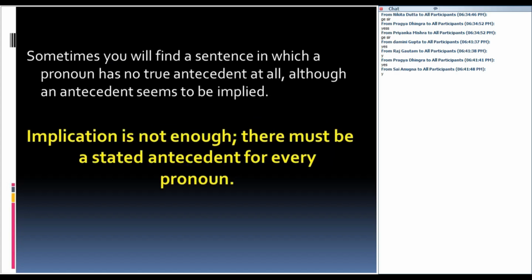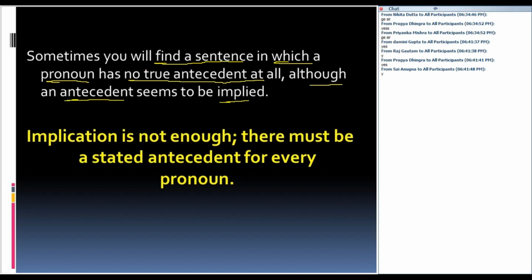Okay. Now, another thing that you need to note in pronoun reference errors is that many times you will find a sentence in which a pronoun will have no true antecedent at all. Antecedent will not be mentioned, although it seems that an antecedent is implied.